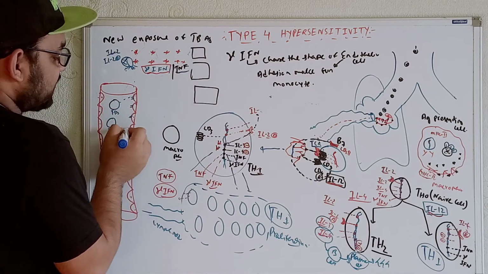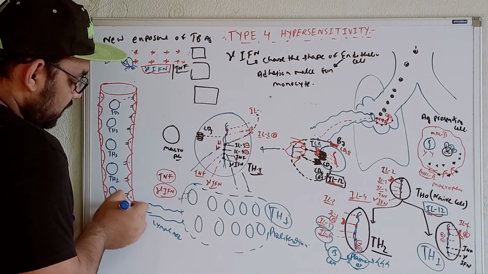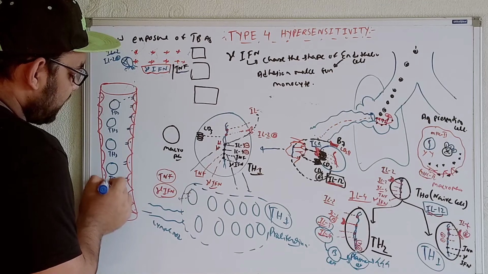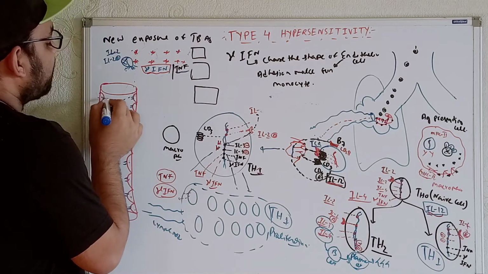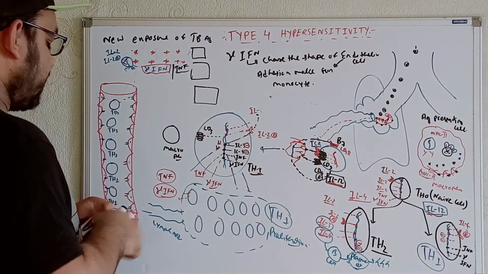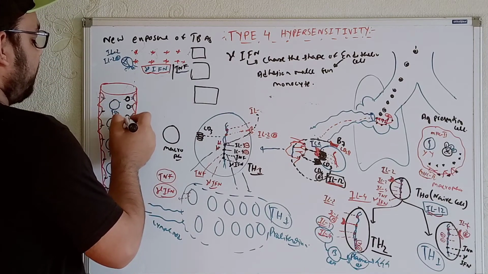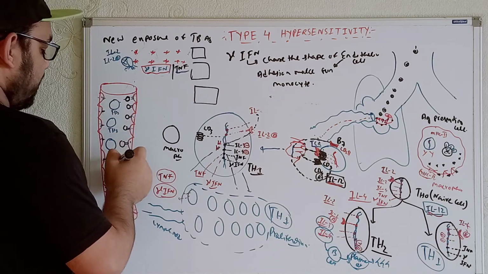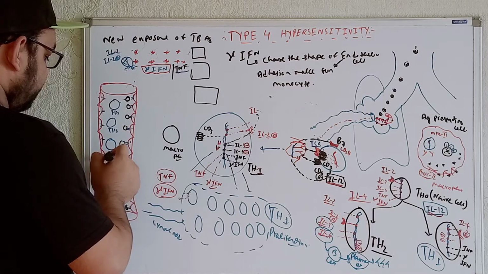So the monocytes will come over here and get fused. The monocytes come over here and get fused, and in the same way you get the fusion of the monocytes.